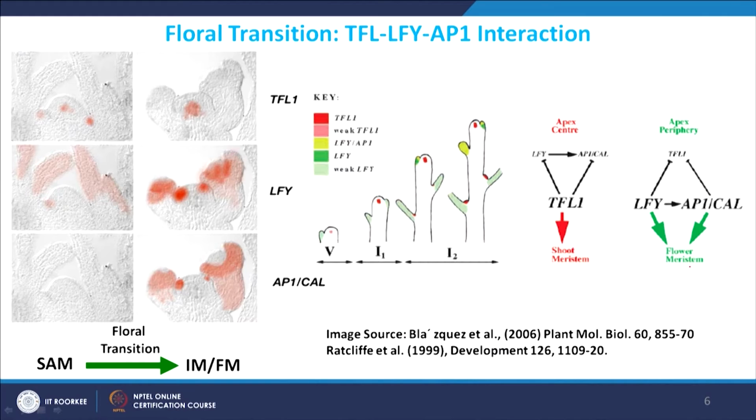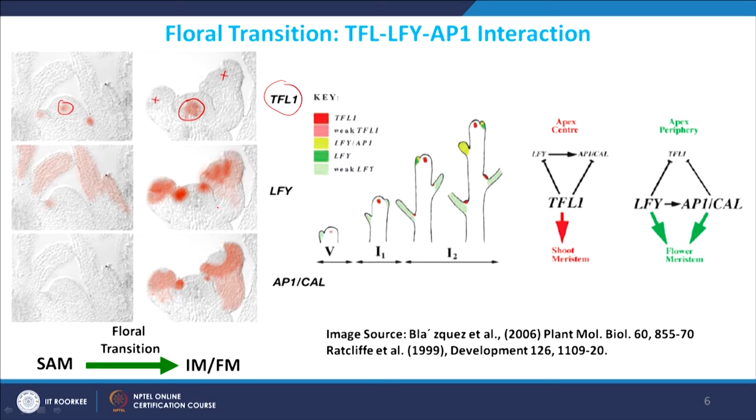So, essentially if you summarize this process, then what you can see here is the expression pattern of TFL1. During the vegetative phase it is expressed here, but in the reproductive phase after floral transition it continues expressing in the inflorescence meristem, but none of the floral meristems or developing floral primordia show any expression of TFL1.